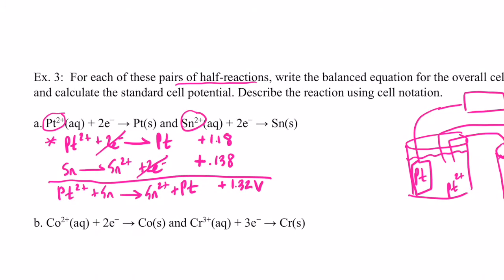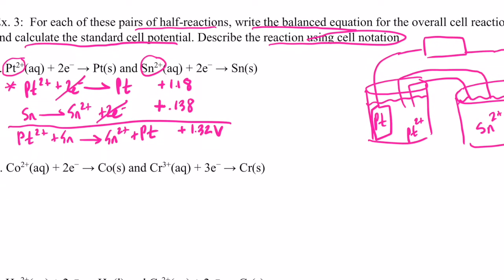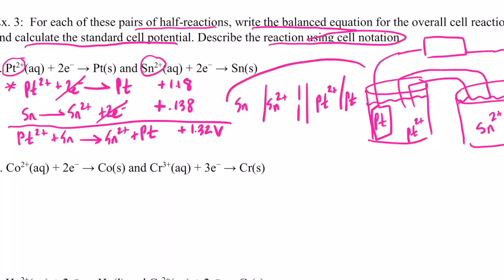So let's see, I've written the balanced equation for the overall reaction. I've calculated the standard cell potential, and now we're going to describe the reaction using this shorthand or abbreviated cell notation. So to do that, we'll put the 2 vertical lines here. And on the left side, we'll write the oxidation reaction, and that was tin becoming tin 2+. And then the reduction reaction was platinum 2+ becoming platinum.